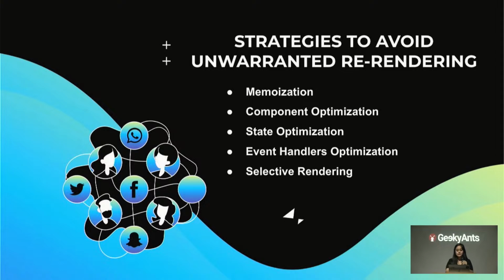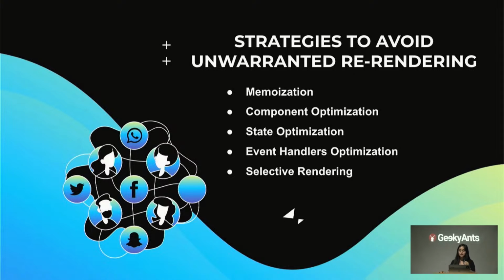Next up is component optimization. Component optimization means utilizing pure components or HOCs, that is higher order components, to prevent the re-renders unless the component's props have been changed, right?